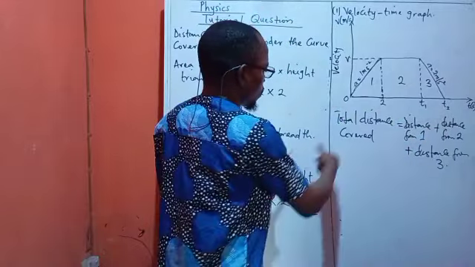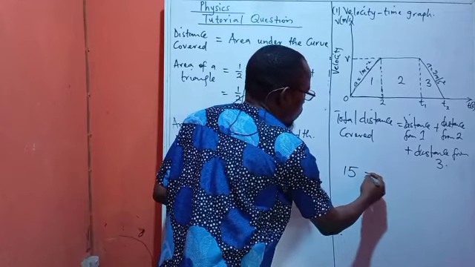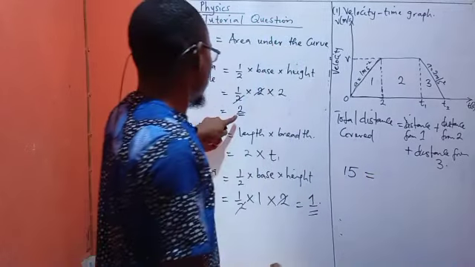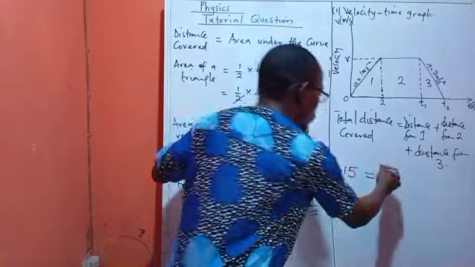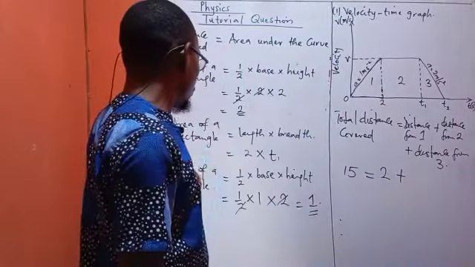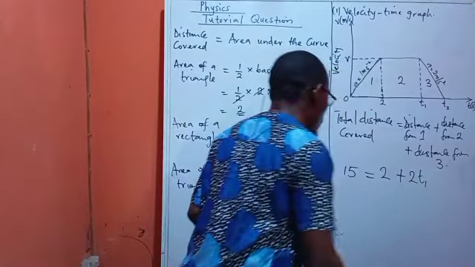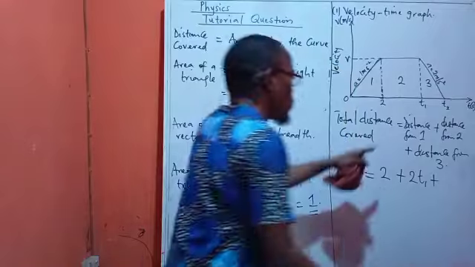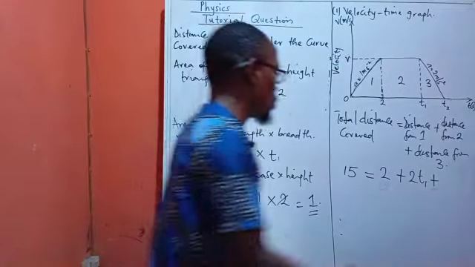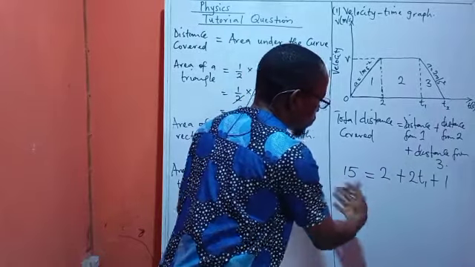So that will now give us, in the question, the total distance covered is 15, equal to the distance covered from 1, which is 2, plus the distance covered from 2, which is 2t1, plus the distance covered from 3, which is 1. So here, let's collect like terms.